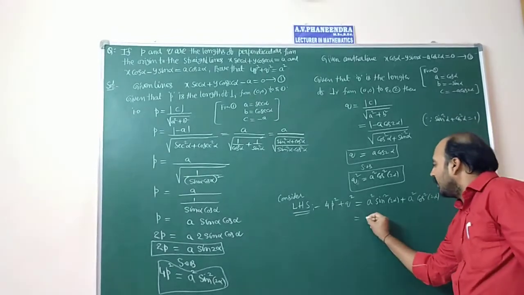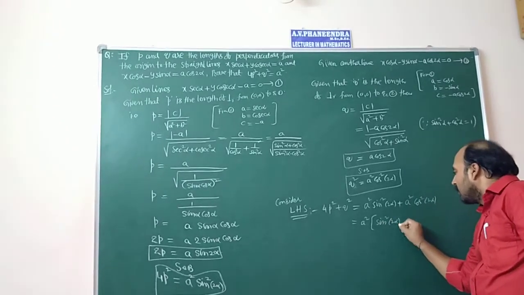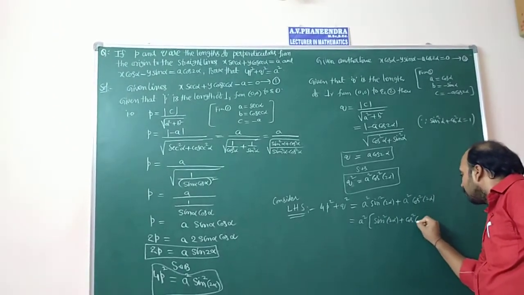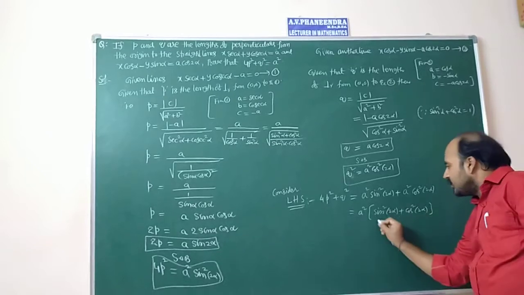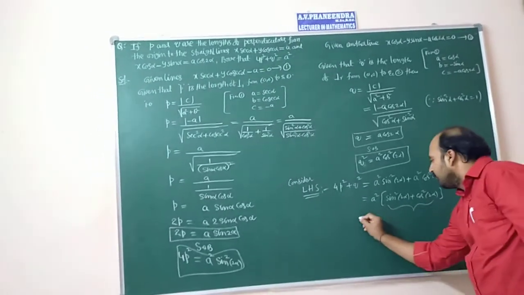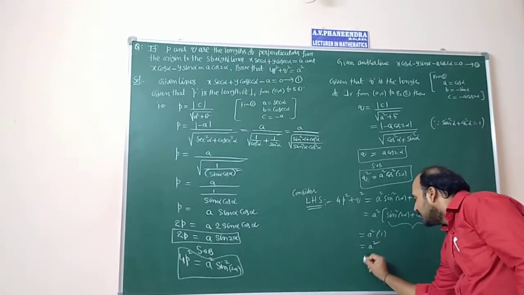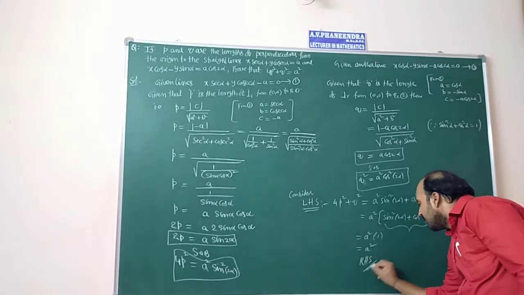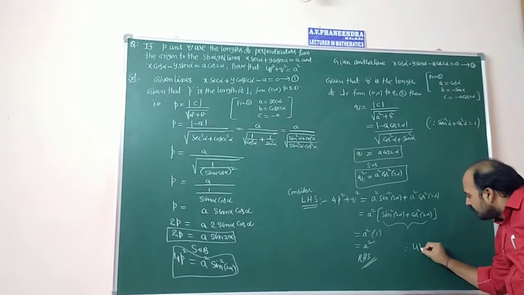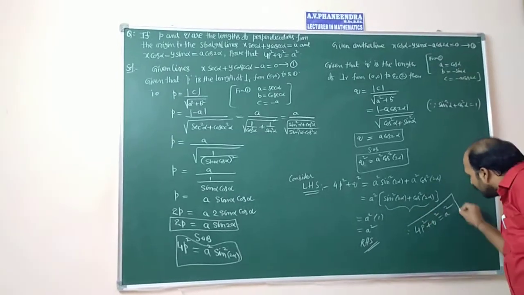Take common a square, sin square 2 alpha plus cos square 2 alpha. It is in the form sin square plus cos square, therefore this value equal to 1. Therefore a square into 1, which is equal to a square, which is the required RHS. Therefore 4p square plus q square equal to a square, hence proved.